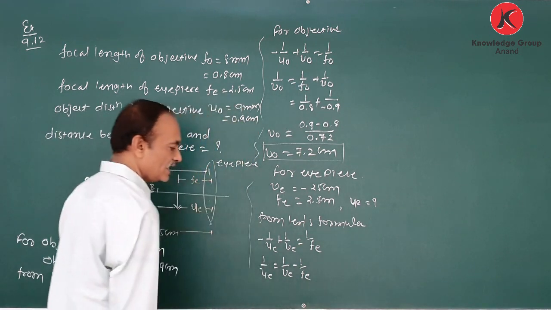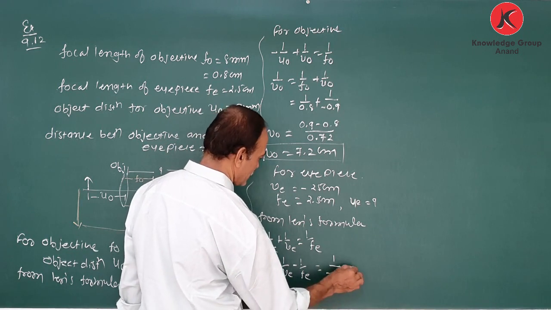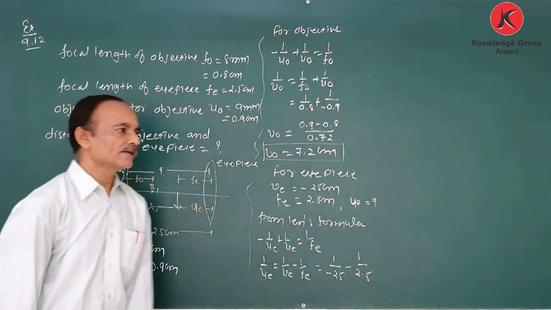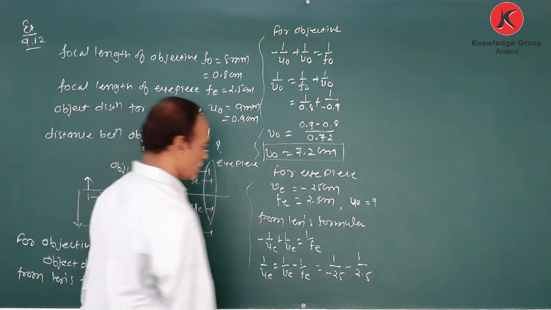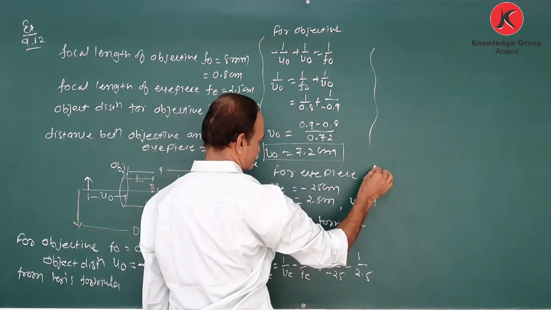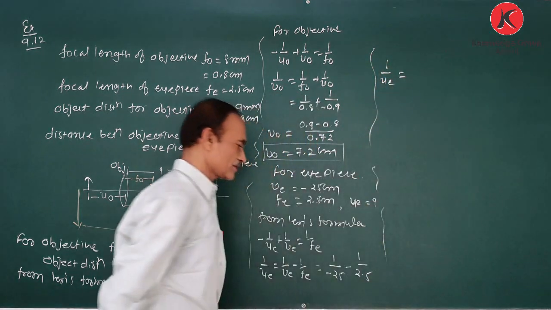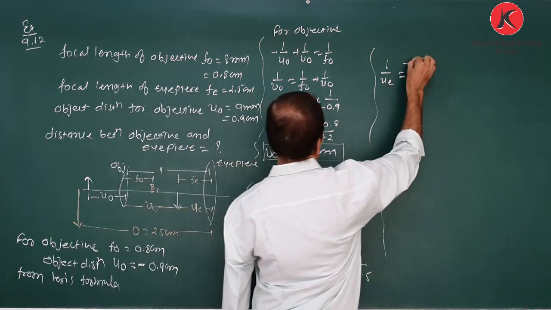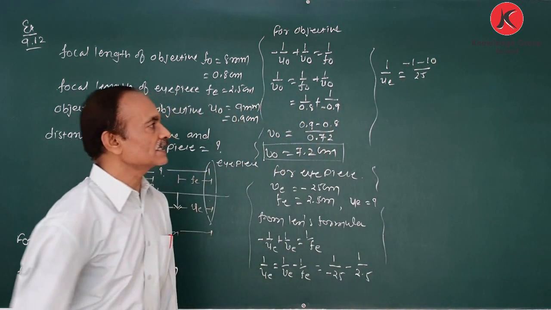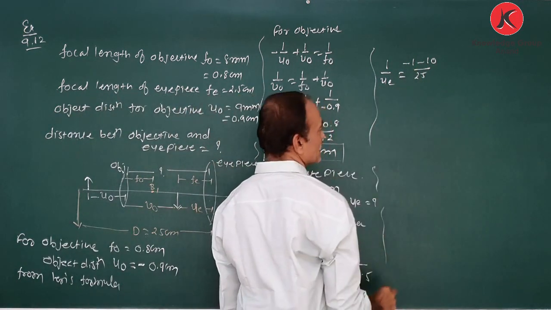So 1 upon minus 25 minus 1 upon 2.5. So here we can obtain 1 upon UE is equal to minus 1 minus 10 upon 25. 25 is the LCM.